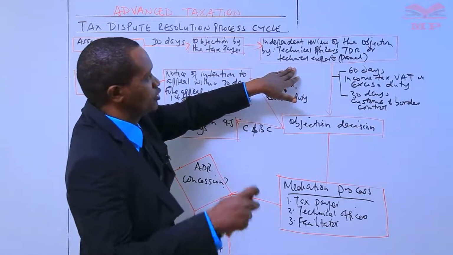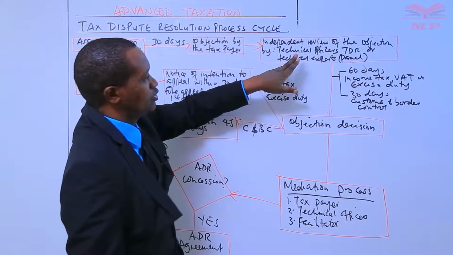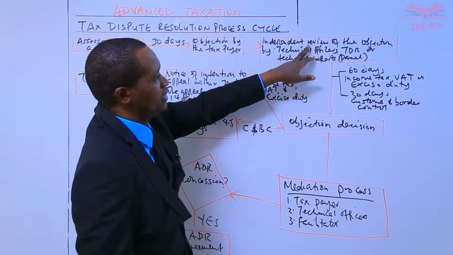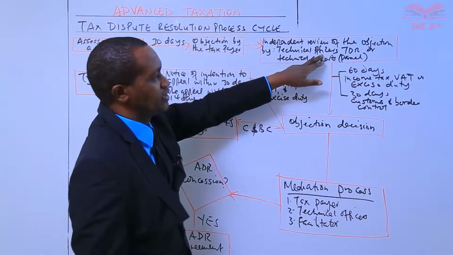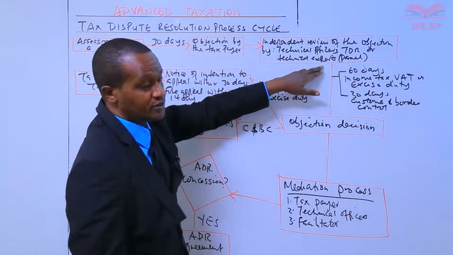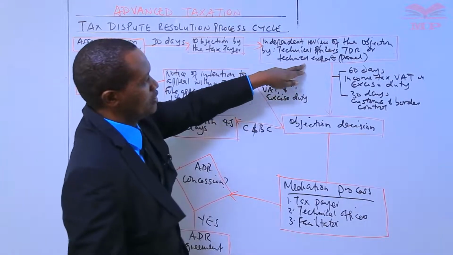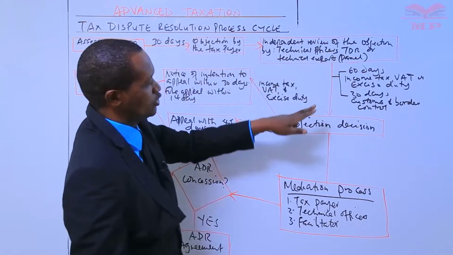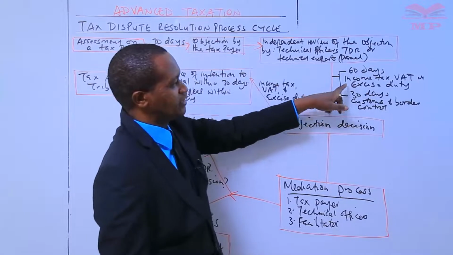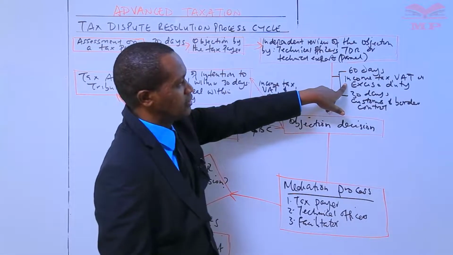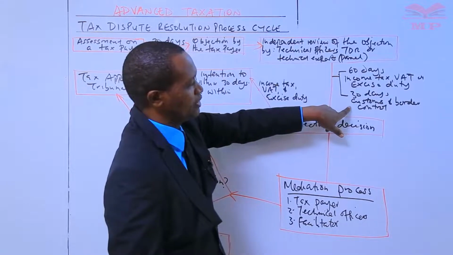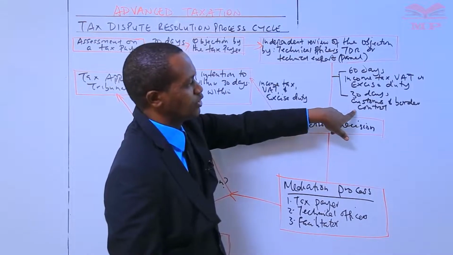In our last lesson, we saw what is supposed to happen. It has to be reviewed by independent technical officers or a committee of experts. And this committee should come up with a decision, which we are calling objection decision, within 60 days if the matter is in relation to income tax, VAT or excise duty, and within 30 days if the matter is in relation to customs and border control.